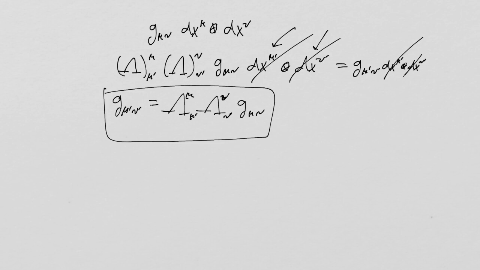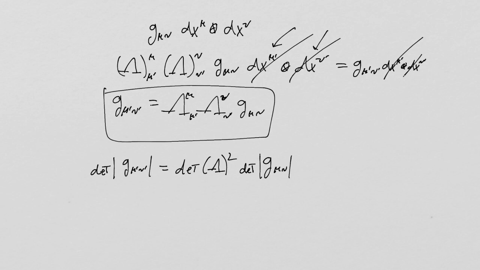So now we just take the determinant of everything, right? The determinant of both sides. So the determinant of G mu prime nu prime, it's the determinant of a tensor. I'll just write it down this way. And that's going to equal the determinant of lambda squared times the determinant of G mu nu. So this thing, just move it over here and write determinant like that.